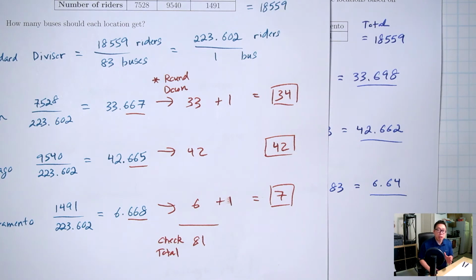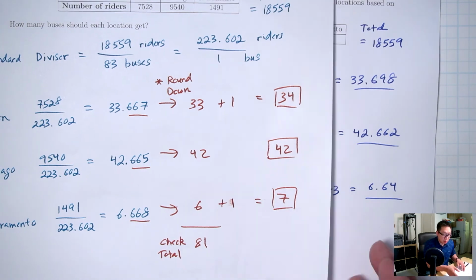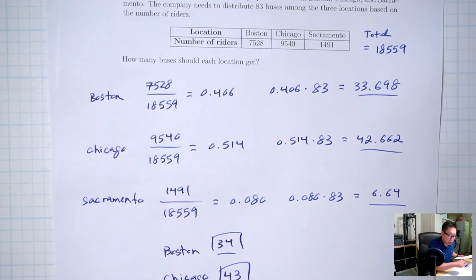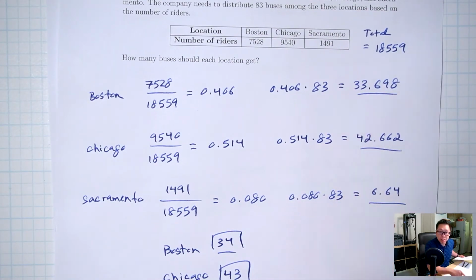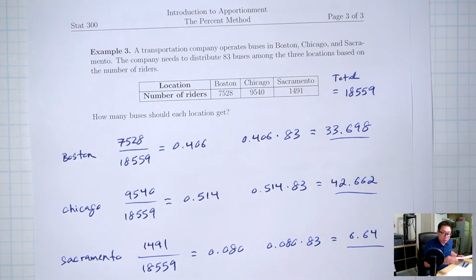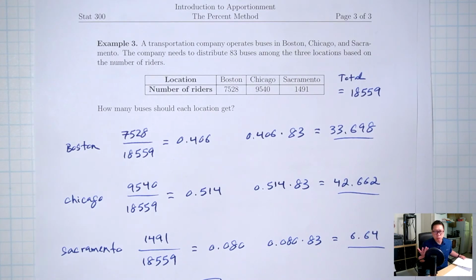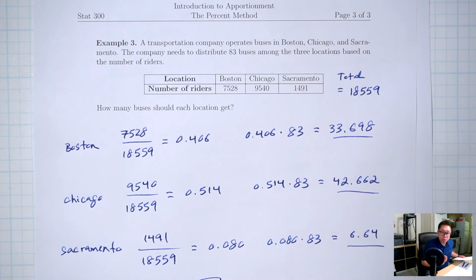If we were able to cut up the buses. So if I was able to cut up the bus, Boston deserves exactly 33.698 buses. So it doesn't make sense in a bus situation, but if we're talking about, say, gallons of oil, these numbers do make sense. So Boston deserves exactly 33.698 gallons of oil. And if we're talking about oil, you can measure out exactly 0.698 gallons of oil. But because we're talking about buses and we can't cut them up, that's why we have to round.